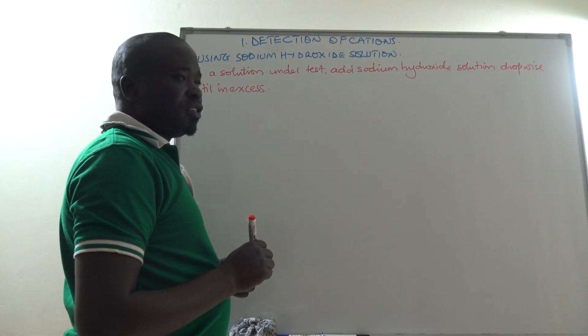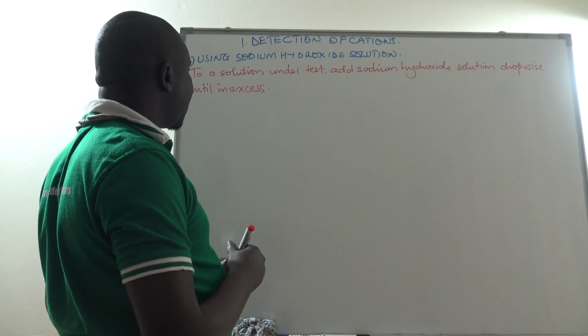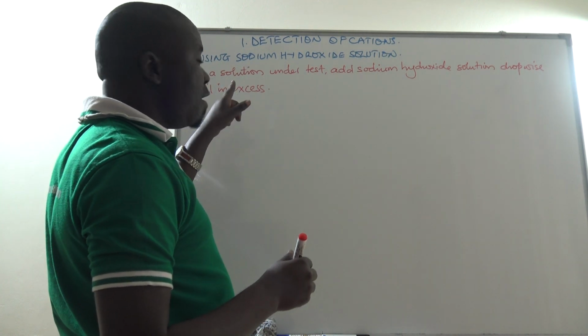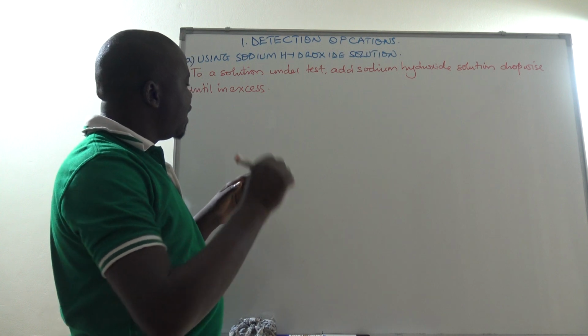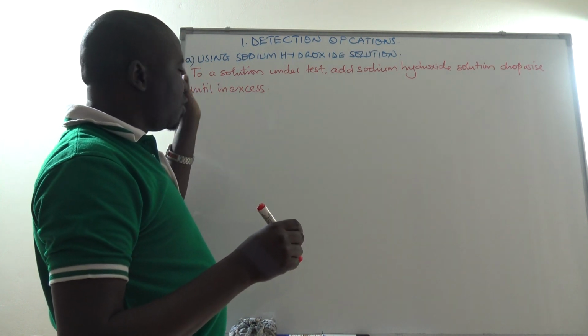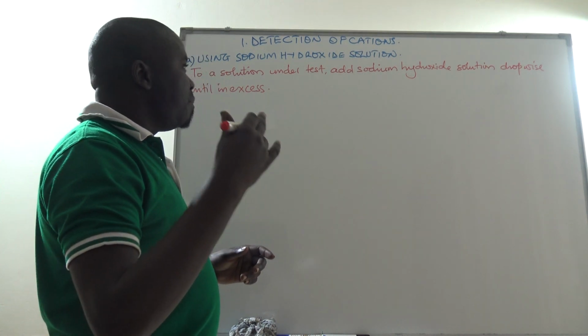Add sodium hydroxide solution dropwise until in excess, and then specifically for ammonium ion, the instruction will go ahead and say that you heat the mixture.